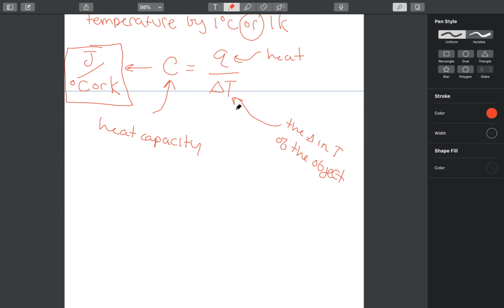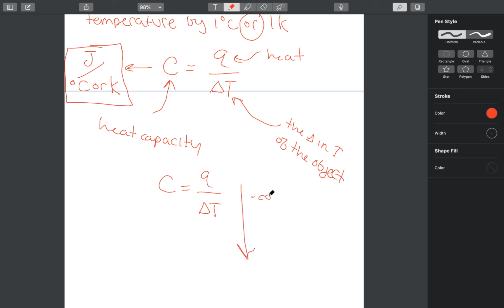Now that we know what the heat capacity is, let's apply what we know about our calorimeter to this equation. Here is our equation once again for heat capacity, and we know that the coffee cup calorimeter is under constant pressure.